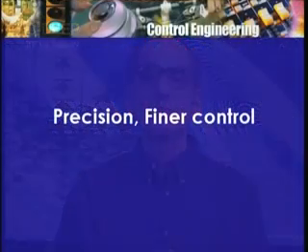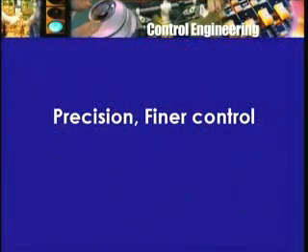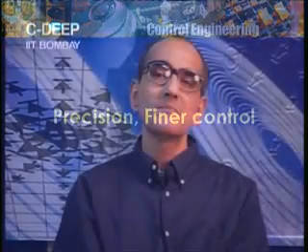So where you want more accuracy, you want more precision, you want finer control, it may be necessary to replace a human being by an automatic device. Suppose the temperature has to be adjusted or controlled, an operator may be able to keep it within plus minus 1 degree Celsius or maybe plus minus 0.1 degree Celsius.